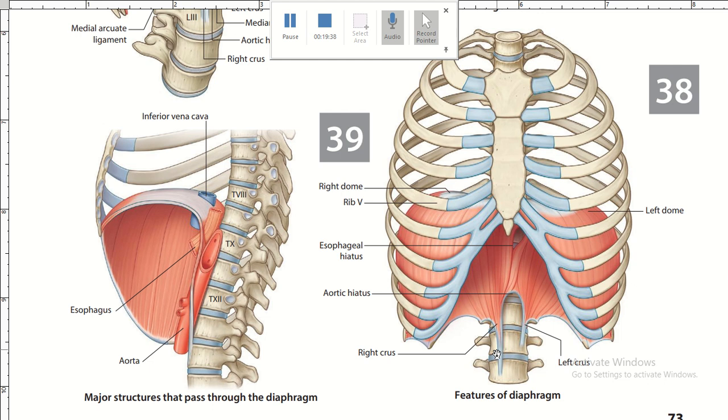You will see it when we are talking about the abdomen. And then we are also going to have the sympathetic trunks. Take note, the sympathetic trunks don't pierce the diaphragm, but rather they will move posterior to the medial arcuate ligament here. That's where your sympathetic trunk will be passing through.